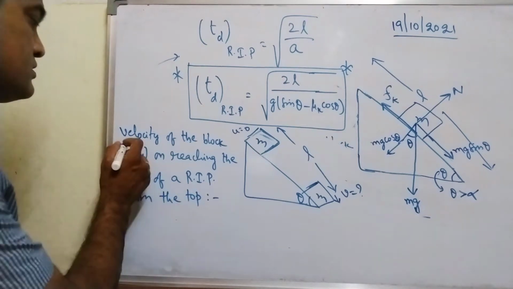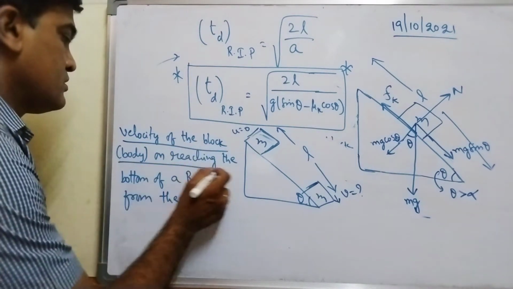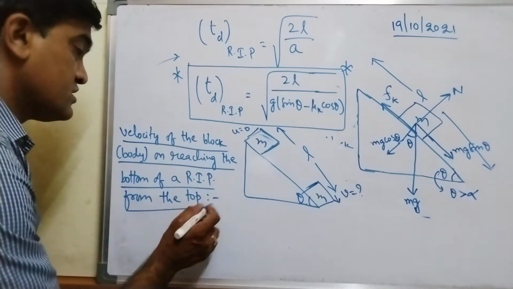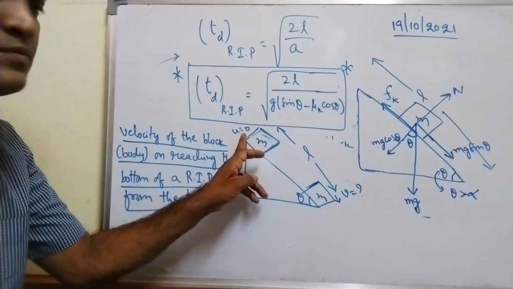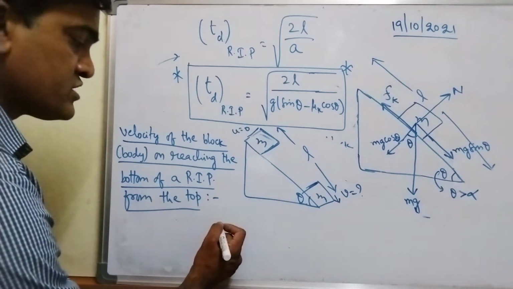This I want, the final velocity. Initial velocity is 0, so which equation is best suitable?